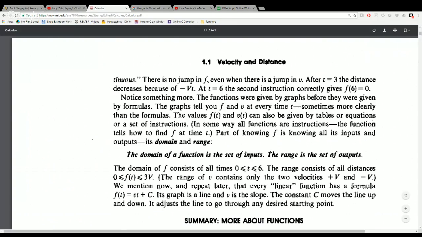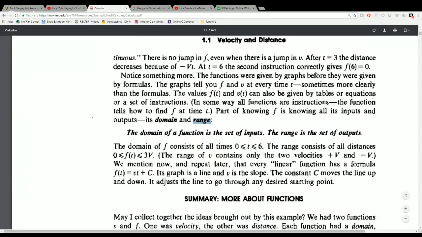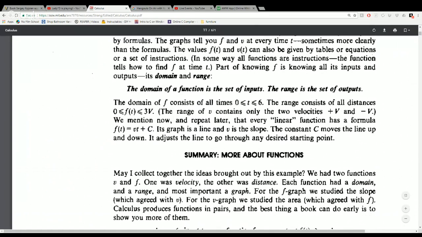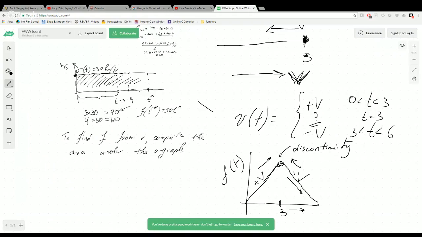All right, now part of knowing f is knowing all its inputs and outputs, its domain and range. So as part of this review, here's the terminology. Functions have domains and ranges. What is a domain? The domain of a function is the set of its inputs. The range is the set of its outputs. So if we come back here, you ask yourself, what are the possible inputs to my function? These t values, what can I plug in?